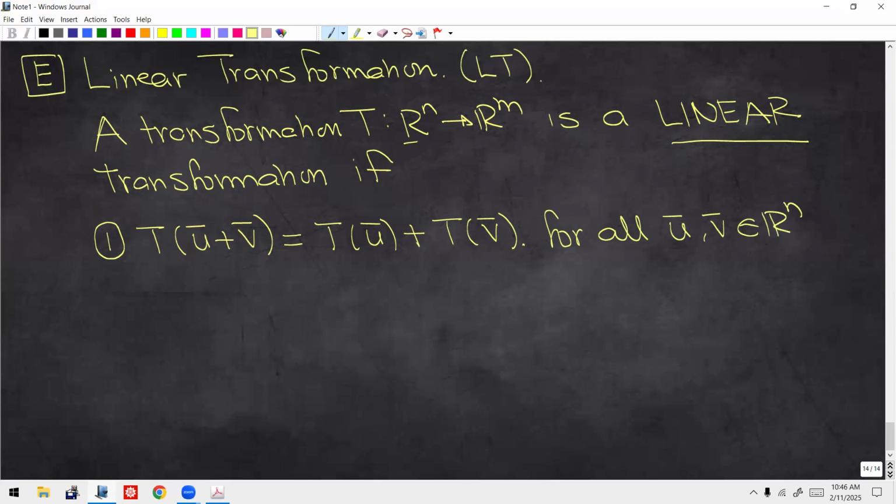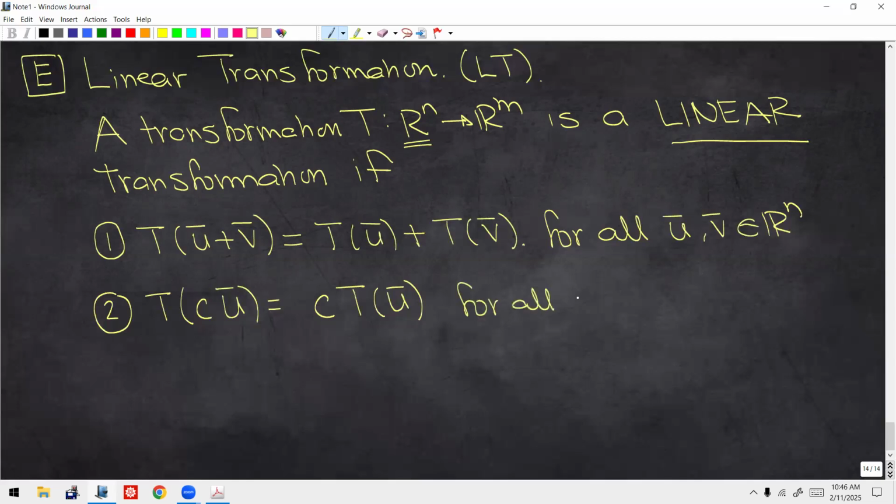Remember, u and v are my inputs. My inputs are in Rn, in my domain. And second, T of c times u: you can pull that constant out, so you get c times T of u, for all u in Rn and any scalar c. Scalar means just a number. So any transformation that satisfies these two properties, we say it's linear.